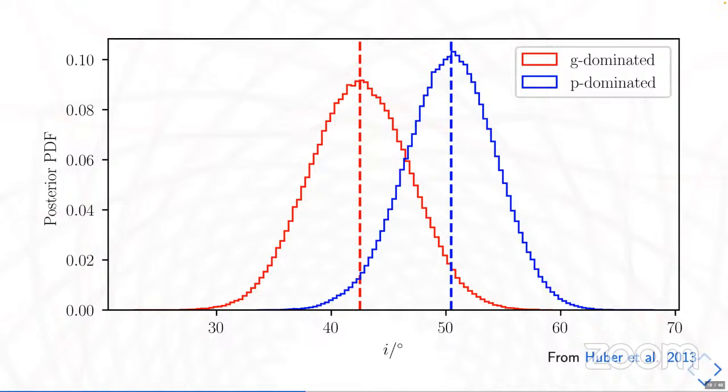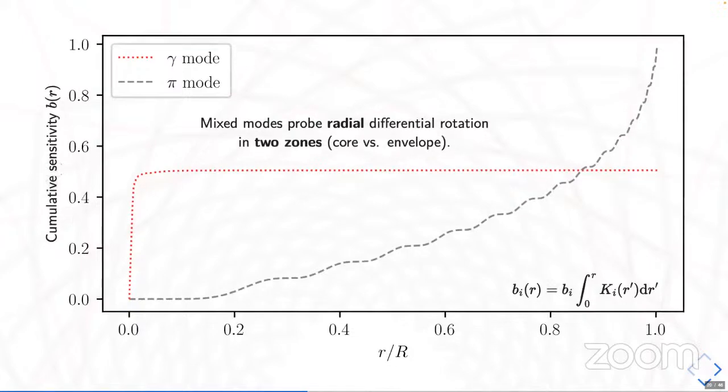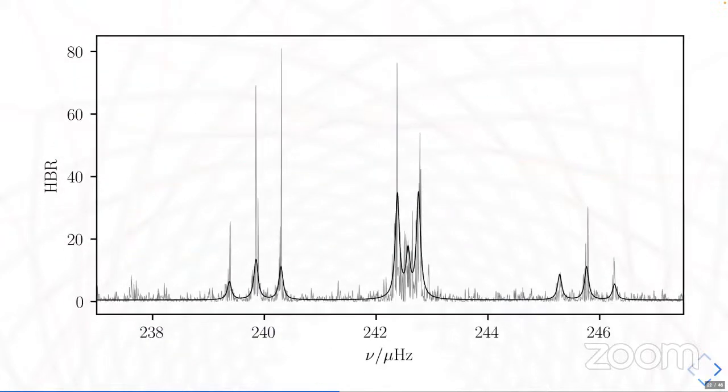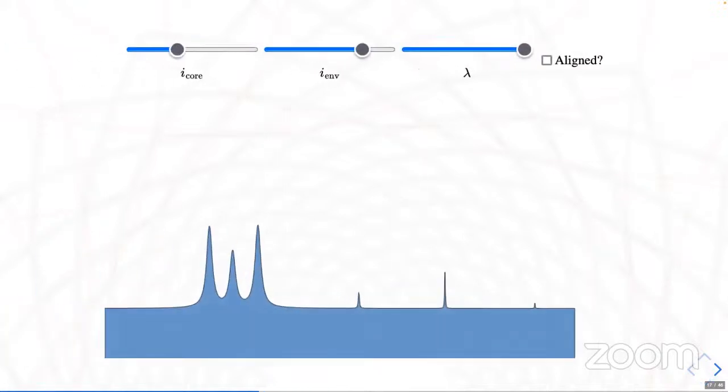And they suggestively appear not to be quite the same, right? But the mathematical devices required to describe mixed modes had not been developed at the time. This is what the power spectrum looks like for Kepler 56. And it is very suggestive of being an internally spin misaligned system, right?